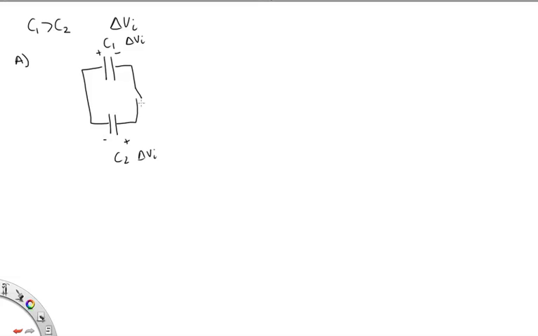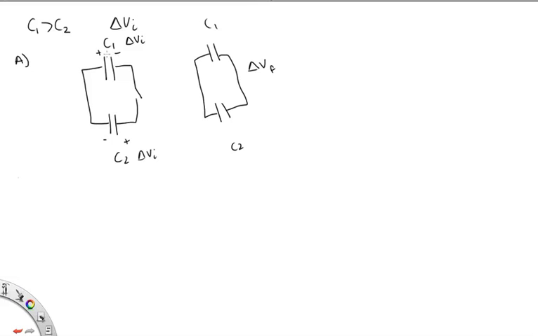That's before we close this switch. When we close this switch, the charges will rearrange and we'll end up with delta VF between these two. So now what we're going to need to do is work out the charges and use those charges to calculate our final voltage.